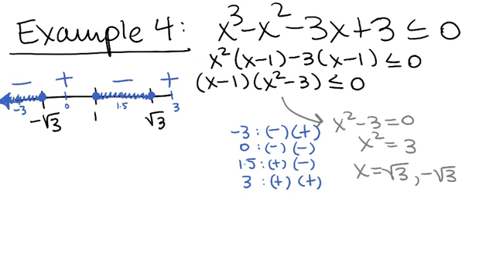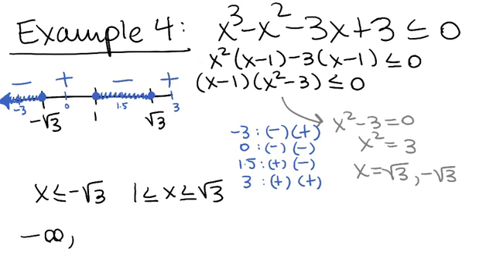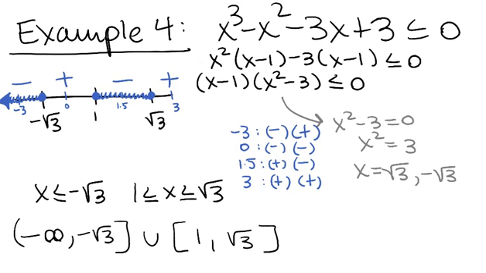So my solution is going to be x is less than or equal to the negative square root of 3, or maybe x is between 1 and the square root of 3. And if you wanted to write that as an interval, it would look like this. And there you go. Now I'm going to have one more for you.